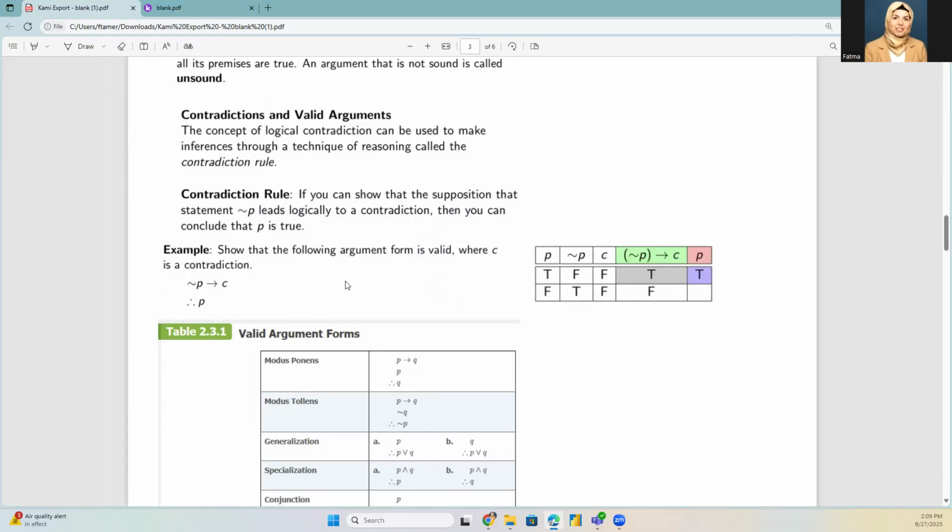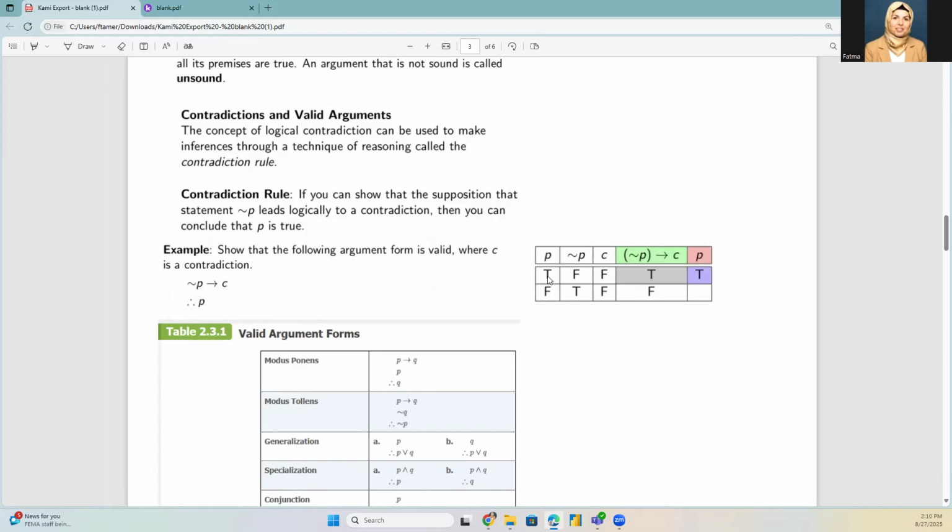So let's look at this one. We have the contradiction rule. We want to show that the following argument form is valid, where C is a contradiction. The argument is: if not P, then C; therefore P. So we need P, not P, C the contradiction, and then the if not P, then C truth table, and we need the conclusion.